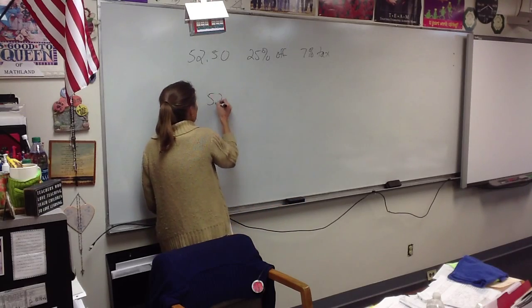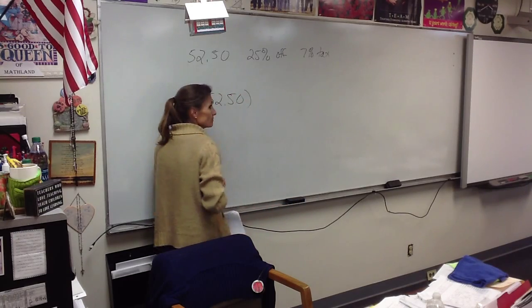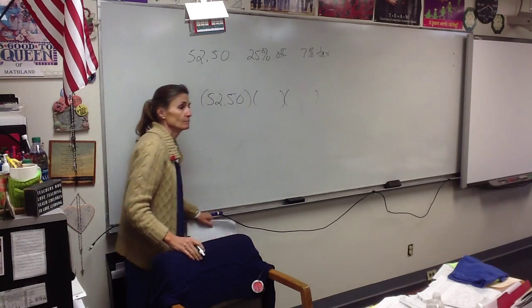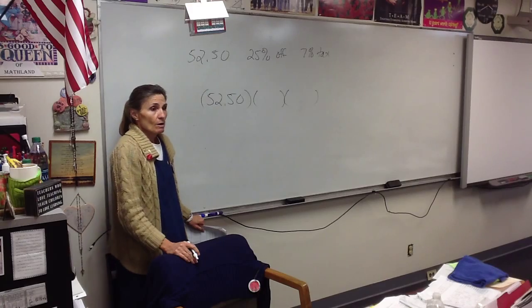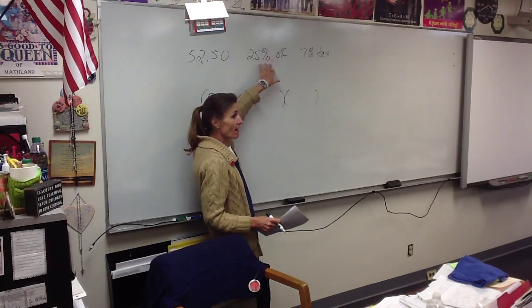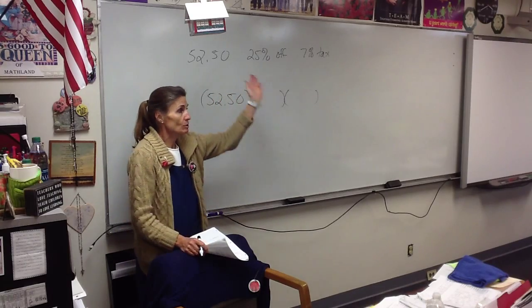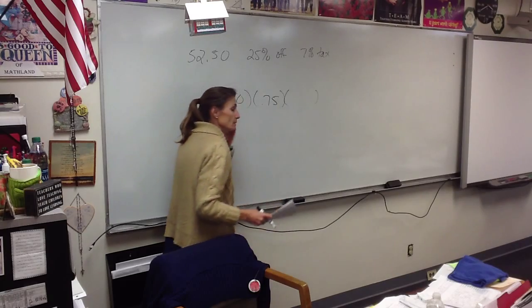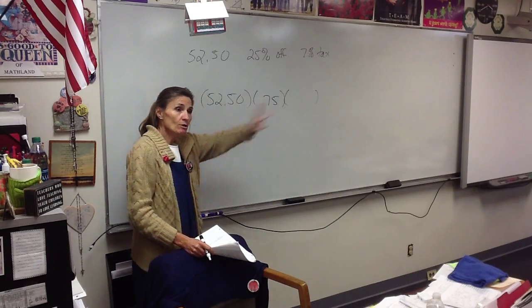We're going to start with $52.50, and we're going to multiply it by two things. What are we going to multiply by if it's 25% discount off? 0.75. We lose 25.